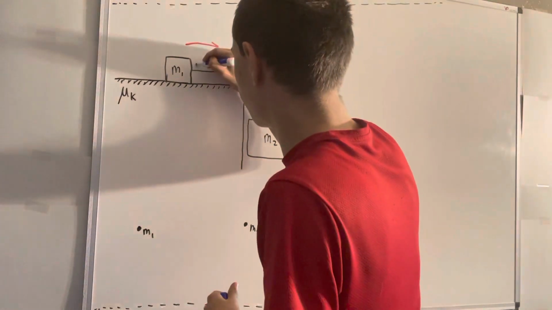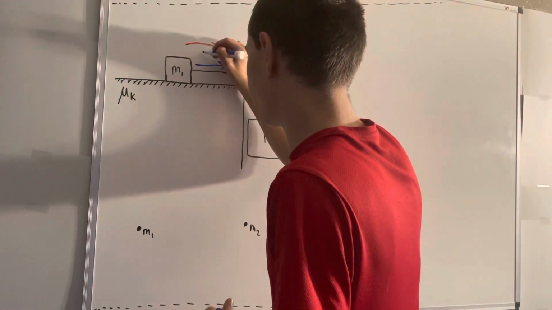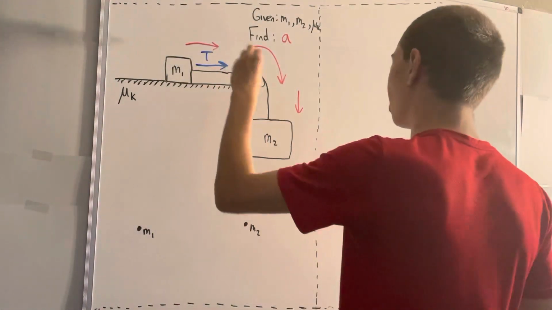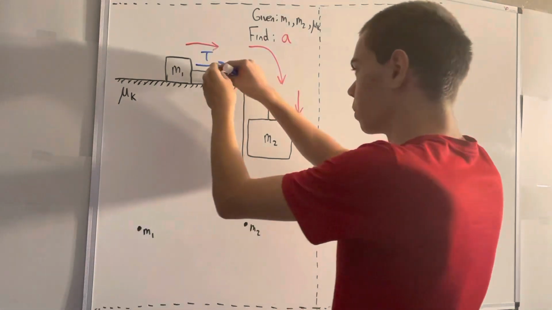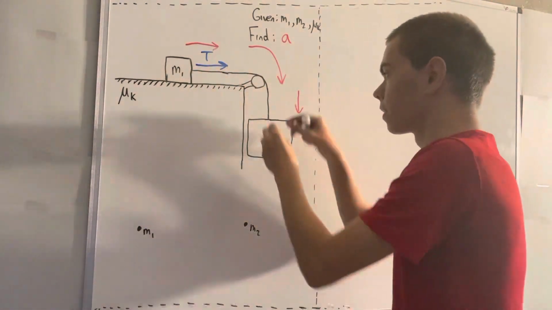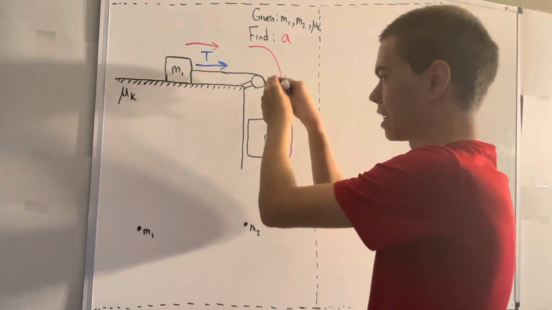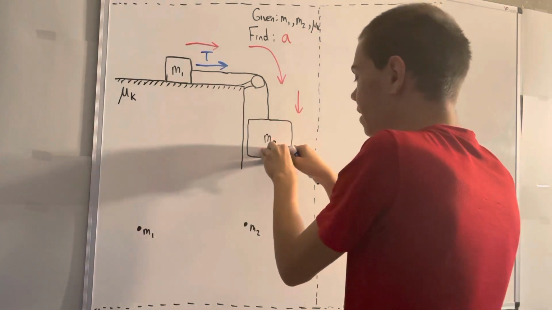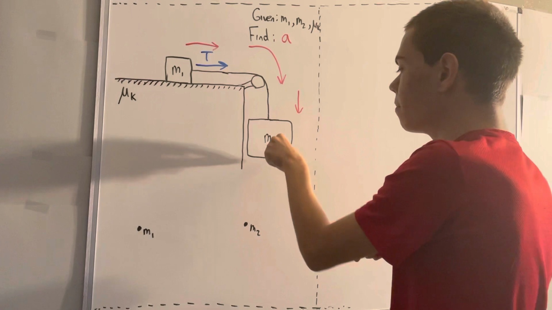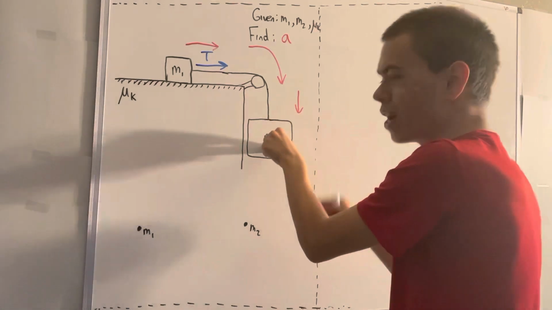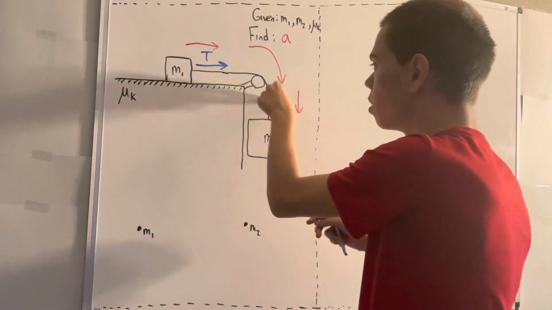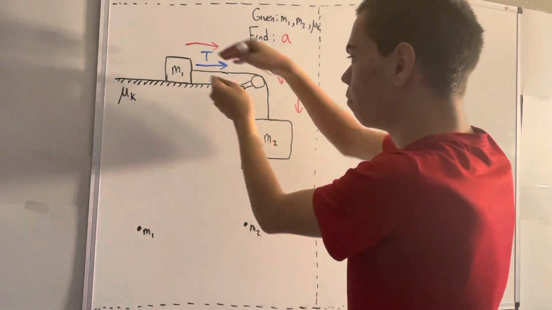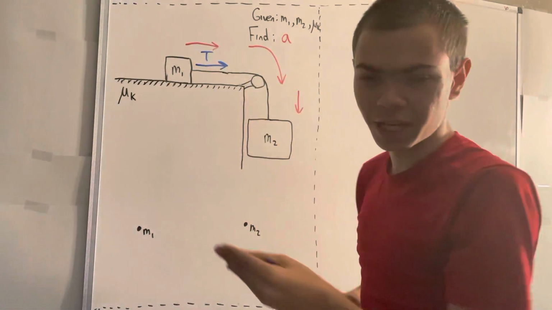But what's causing the rope to pull m1? It's not the pulley, because it's massless and frictionless. It's m2. When m2's weight pulls downward, the rope pulls m1 to the right. So really, it's m2 pulling on m1 with that tension force.